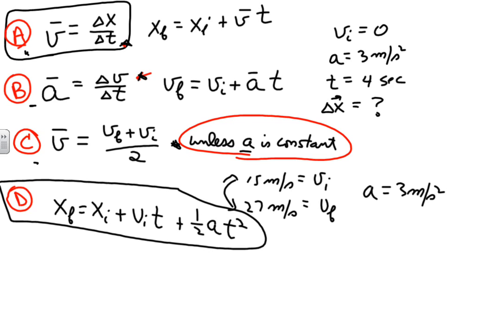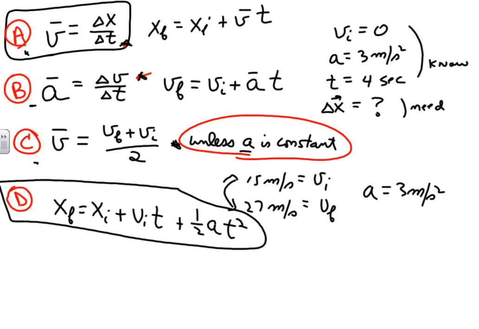I'm going in a straight line, so displacement and distance are the same thing. I want you to notice what I did. I made a list of everything I know, and then I put down as a question mark everything that I need, and now I find a formula.